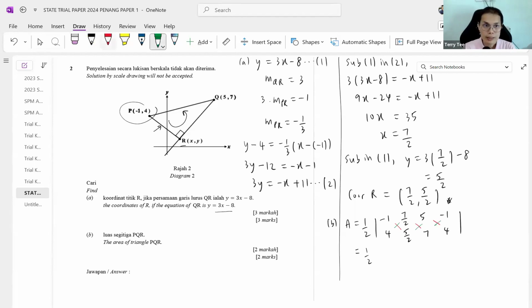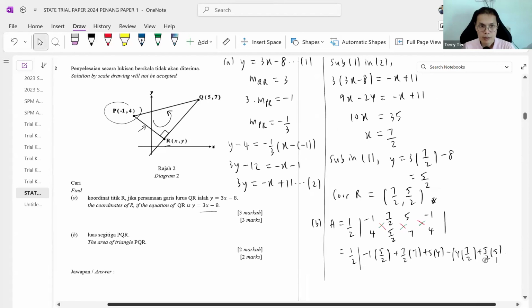And please show your working. In SPM, you need to show the multiplication. So -1 times 5/2, 7/2 times 7, 5 times 4, minus the other way up: 4 times 7/2, 5/2 times 5.